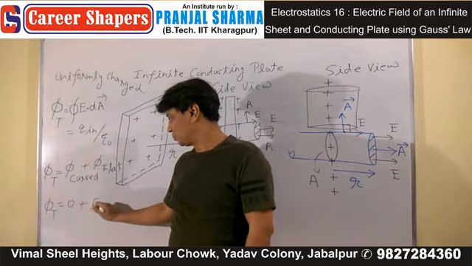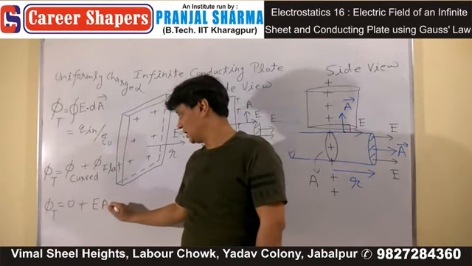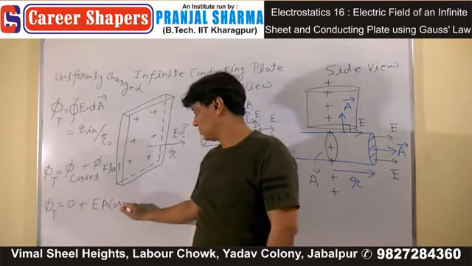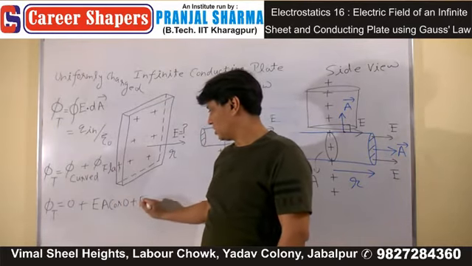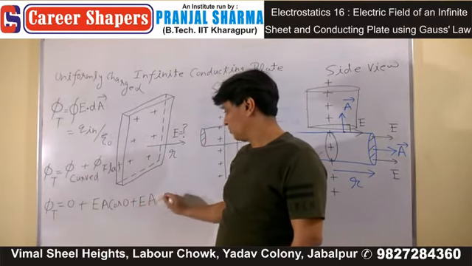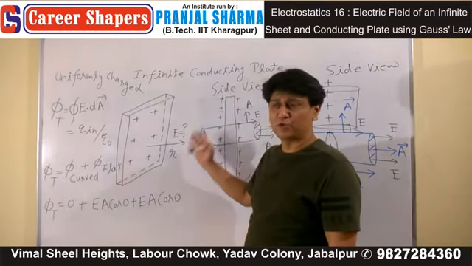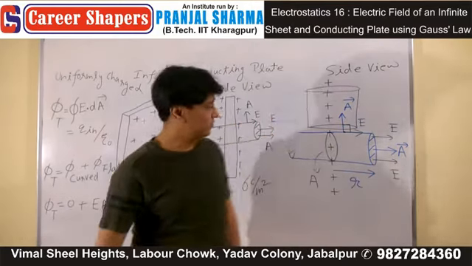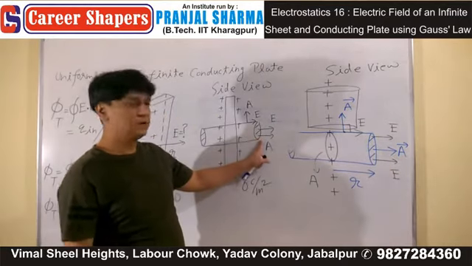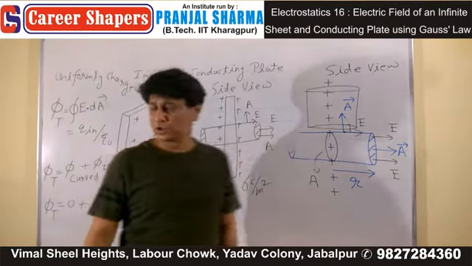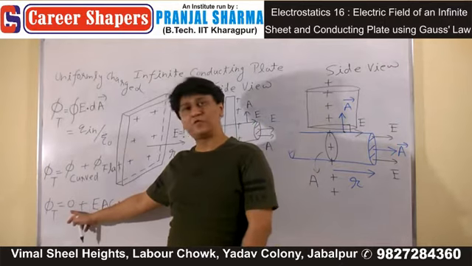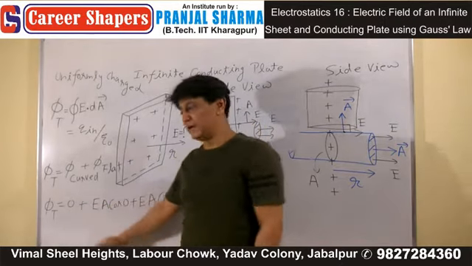Through the flat portion, flux is what? EA cos 0 plus EA cos 0. Plain and simple repetition. The same thing. There are two flat surfaces, EA cos 0, EA cos 0. Curved surface, there is no flux, angle is 90.